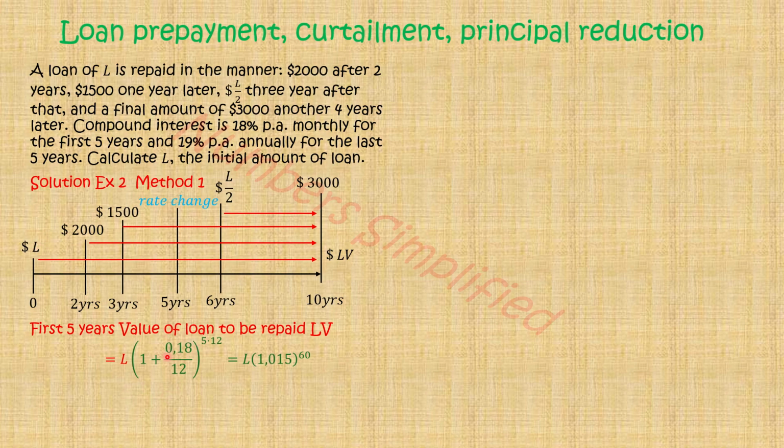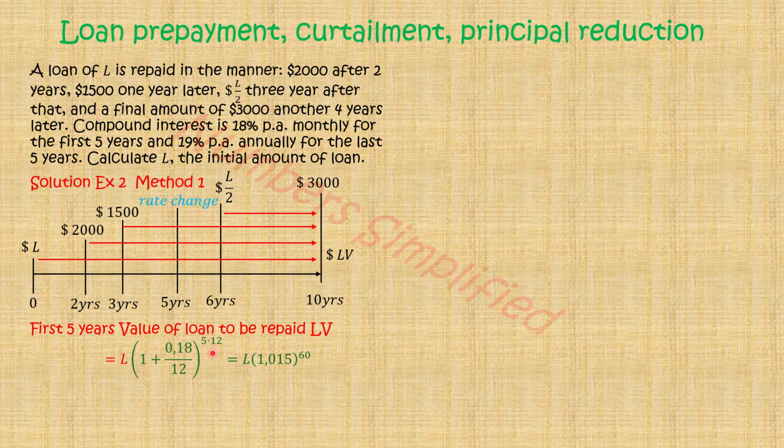So the rate is 18%. So we express it as a decimal according to the formula we're using. That would be 0.18 divided by the periods per year in which the interest is compounded. And if it is compounded monthly, what it means is that it is compounded every 12 months in a year. So that is going to be divided by 12.